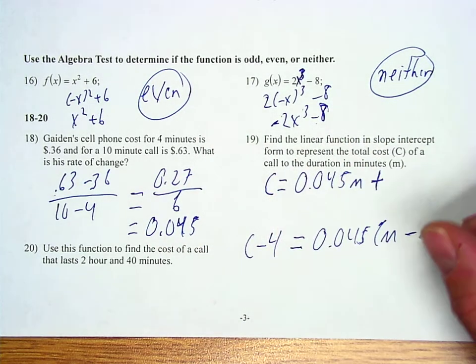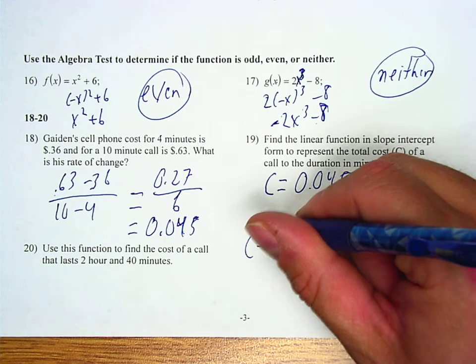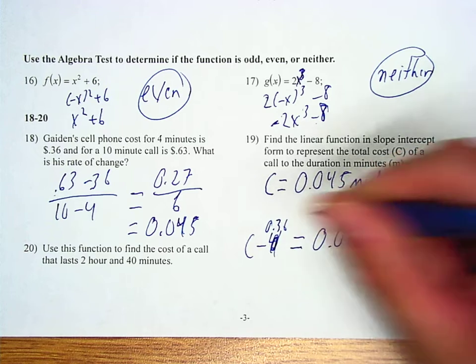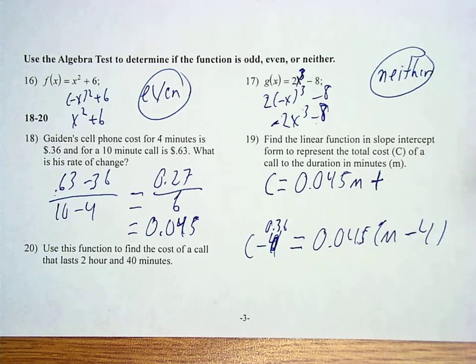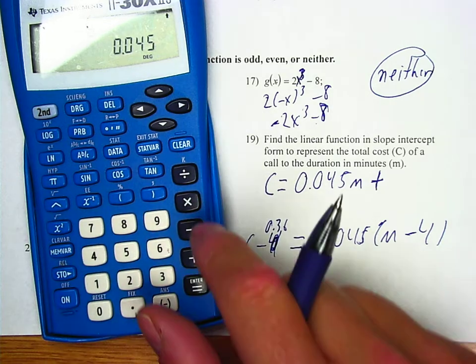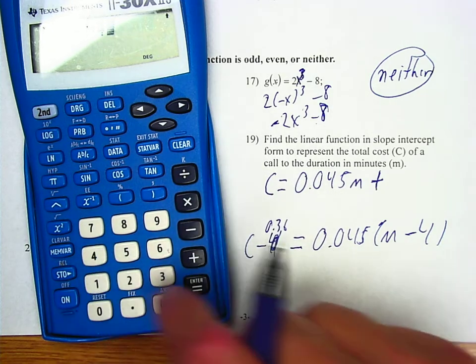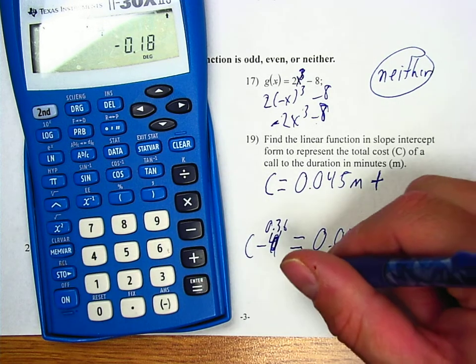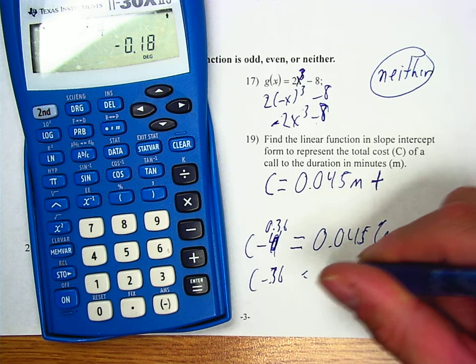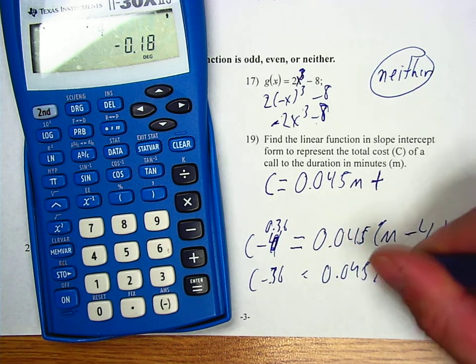The 4 should be here, and the y value, 0.36, should be here. All right, I'll distribute the 0.045 to the minus 4. 0.045 times minus 4 is 0.18. So C minus 0.36 is equal to 0.045m minus 0.18.